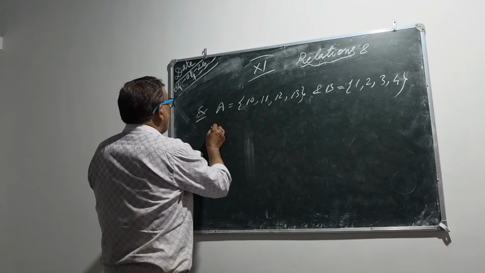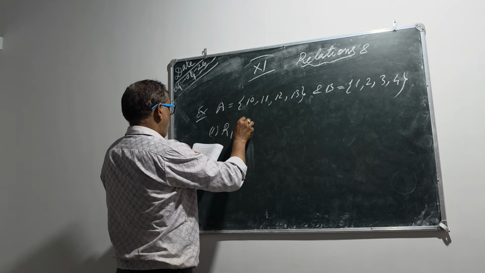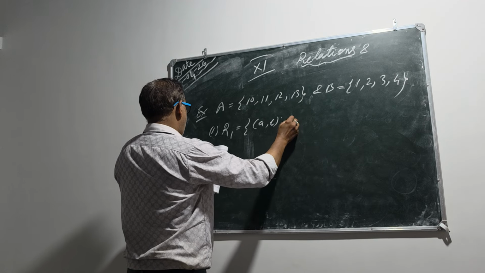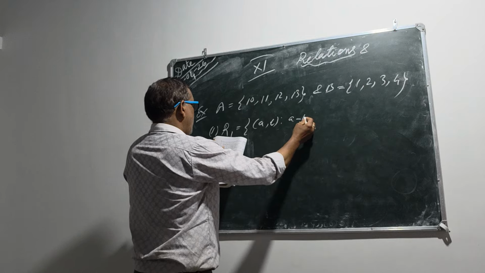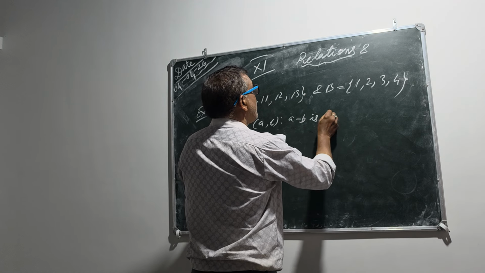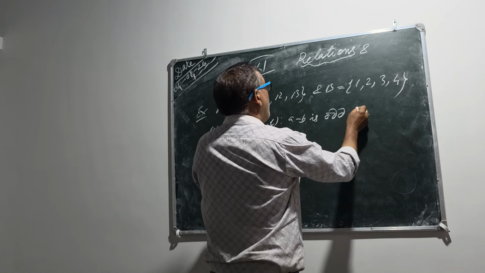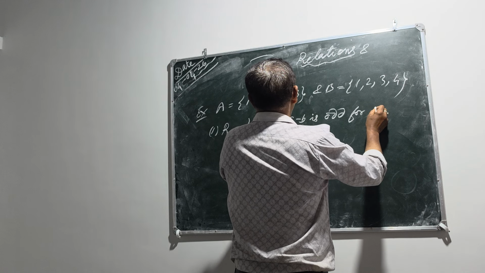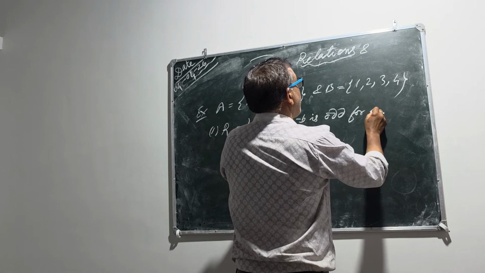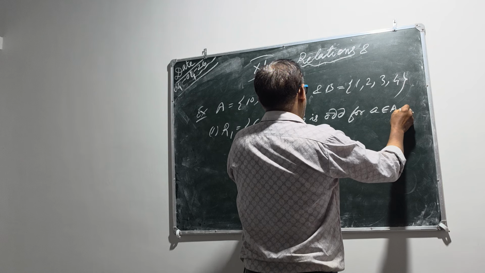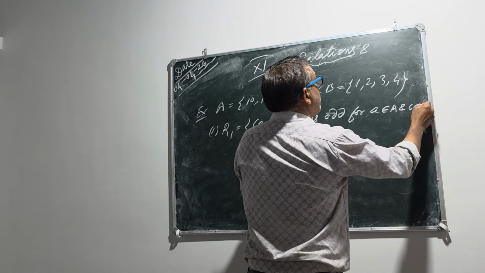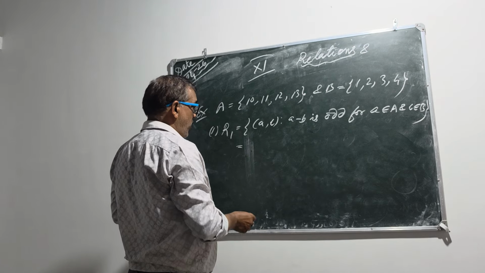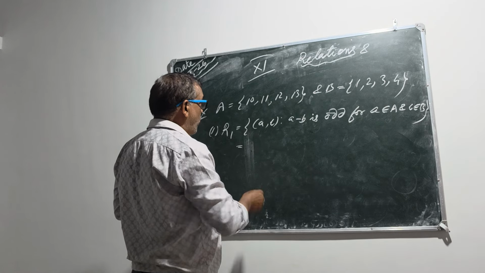Number 1, R1 equals {(a, b) such that a minus b is odd} for a belongs to A and b belongs to B. Then R will be: a minus b should be odd.